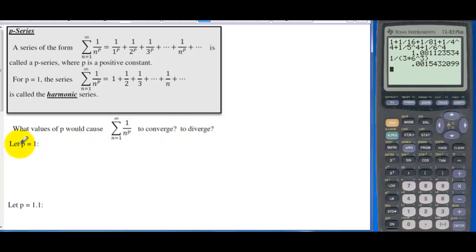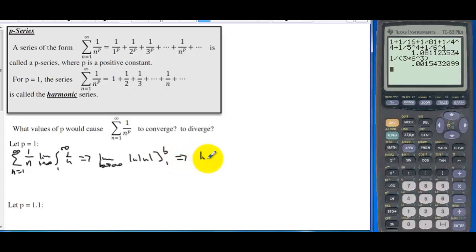Well, let's let p equal 1. That means this is the series that we have. N equals 1 to infinity of 1 over n. Let's use the integral test to decide whether this converges or not. We have the limit as b approaches infinity of the integral from 1 to b of 1 over n. That's the limit as b approaches infinity of natural log of absolute value of n from 1 to b.